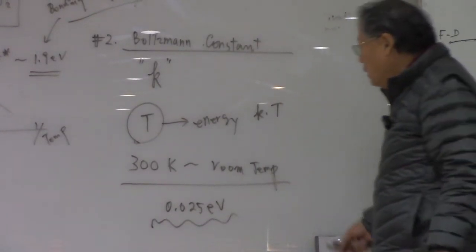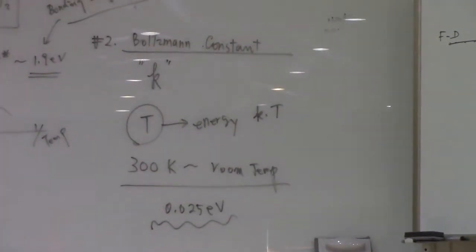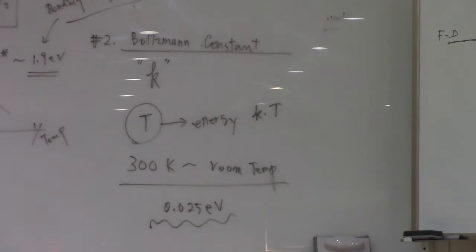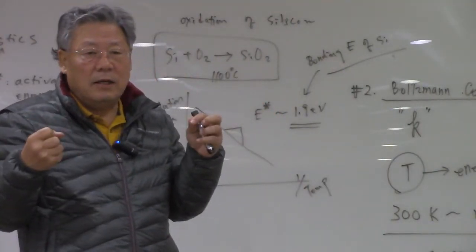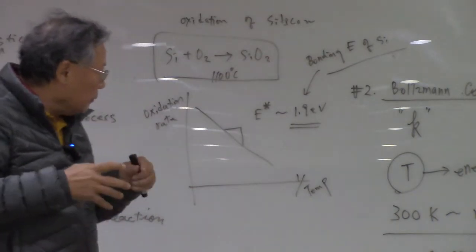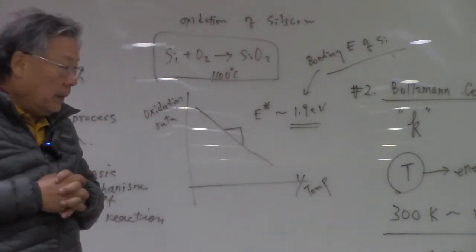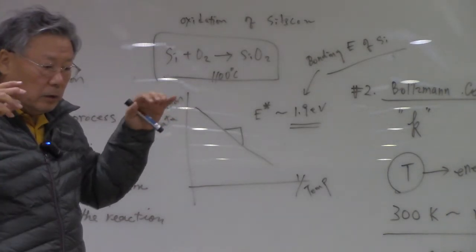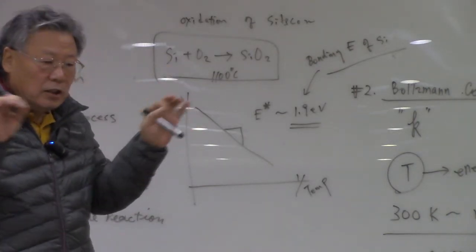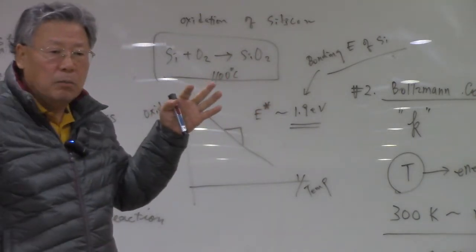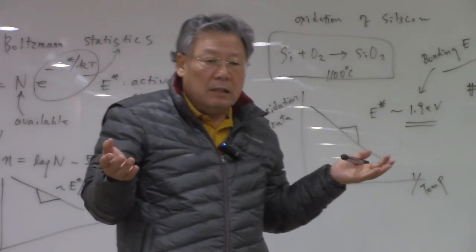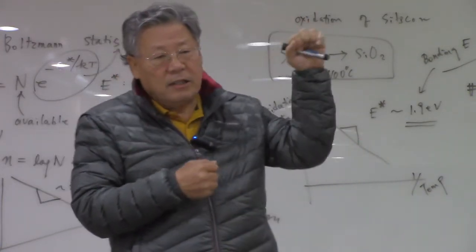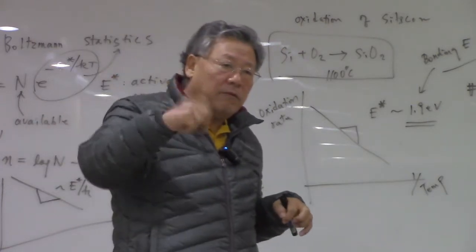So in a semiconductor, when you elevate the temperature, the electrons in a semiconductor have high mobilities. There is a relationship between the temperature and the electron mobilities in the semiconductors. But even at room temperature, if you apply a high electric field, then the electron can move very fast.